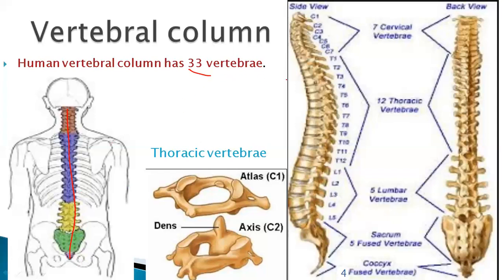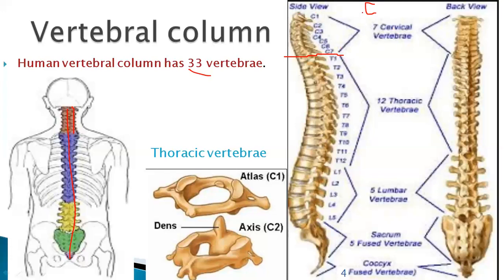Now it is divided into several categories. The region indicates where these vertebrae are present. For example, in the neck region, there are 7 cervical vertebrae, indicated by C from cervical: 1, 2, 3, 4, 5, 6, and 7.